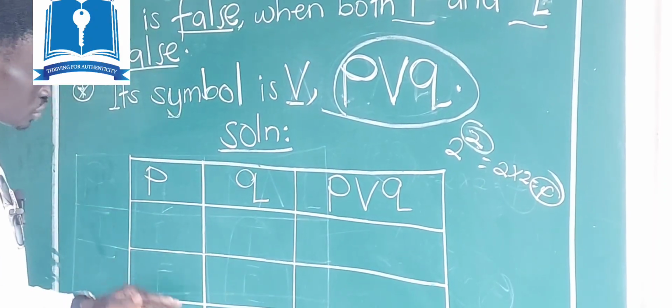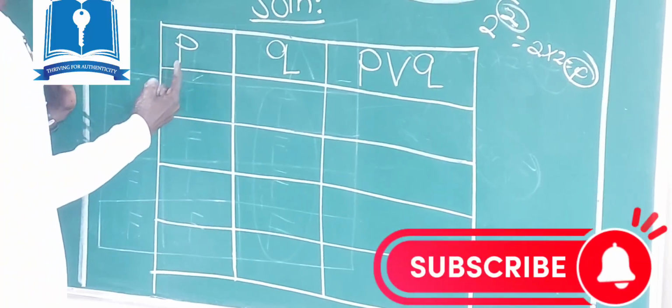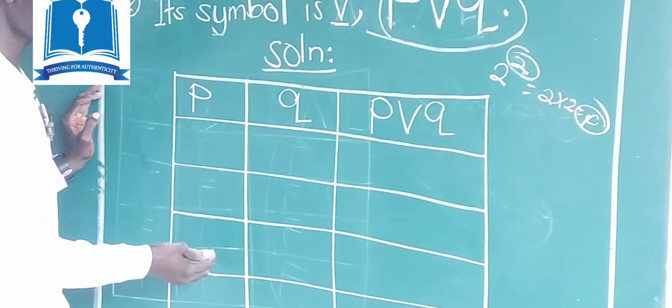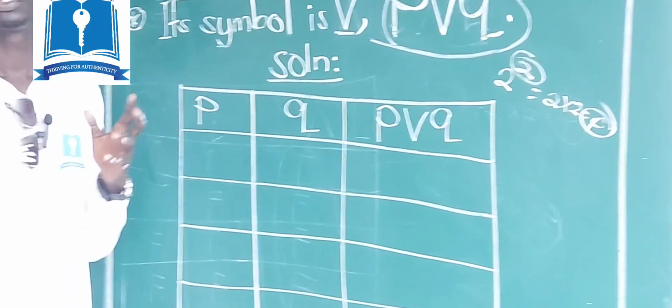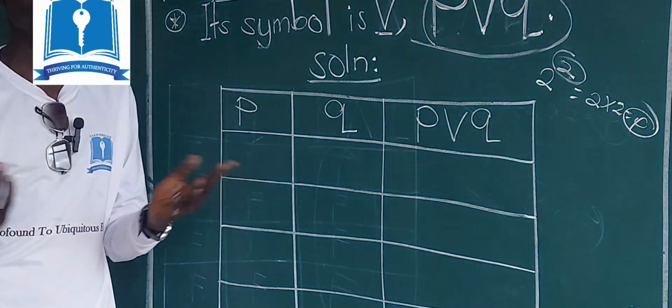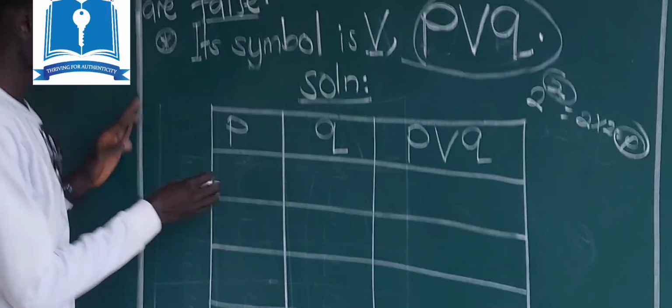That's why you're getting 4 rows. As I said before, to get the truth value for P, you just divide these 4 rows by the 2 truth values. Of course, we have only 2 truth values, true and false. So here, the first 2 will take true.